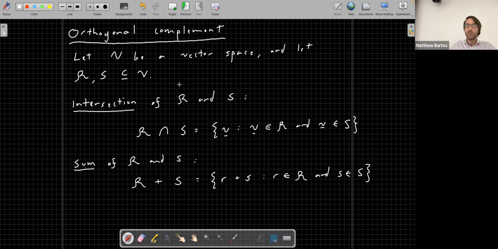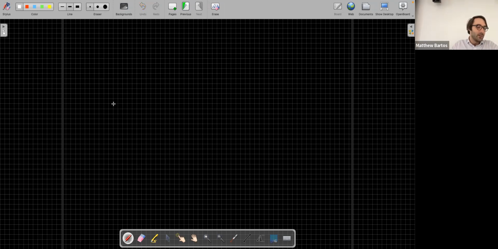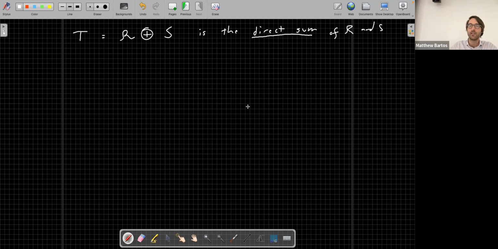Okay, so we've defined the intersection and the sum of two subspaces. We can also define what's called the direct sum. So we'll say that T, this is a new vector space, is the direct sum of R and S if, one, the intersection of R and S is 0.